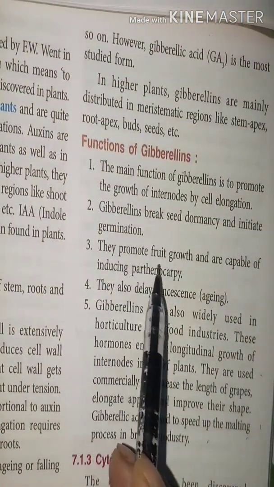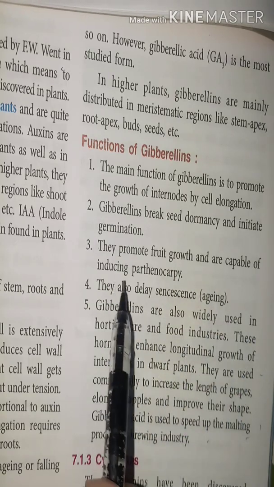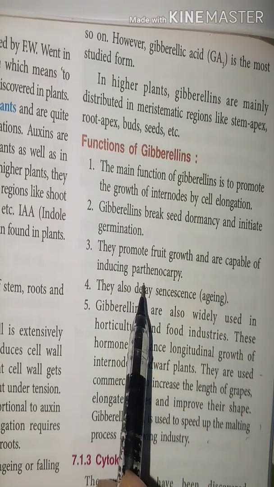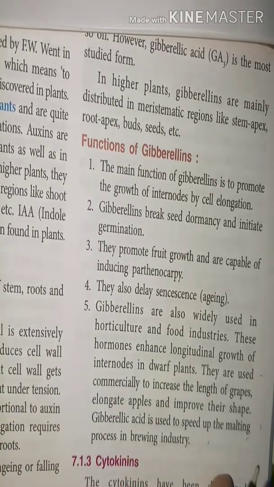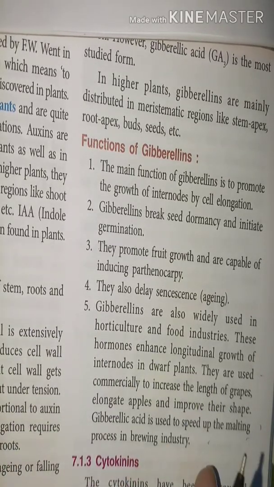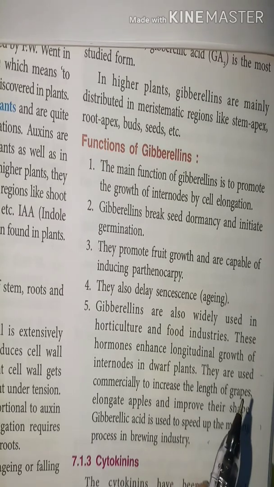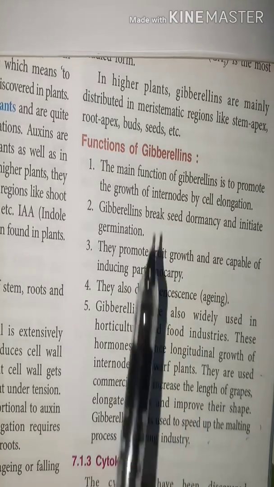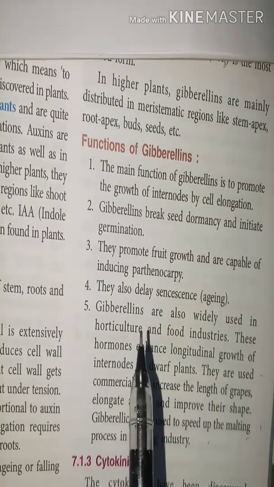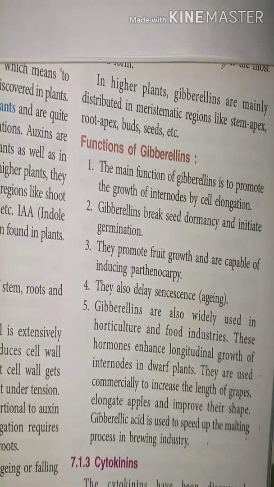Third, they promote fruit growth and are capable of inducing parthenocarpy. During the auxin hormone, we discussed that if the female part develops into a fruit without the involvement of the male part, it's called parthenocarpy or parthenogenesis. Here, gibberellic acid also induces parthenocarpy.